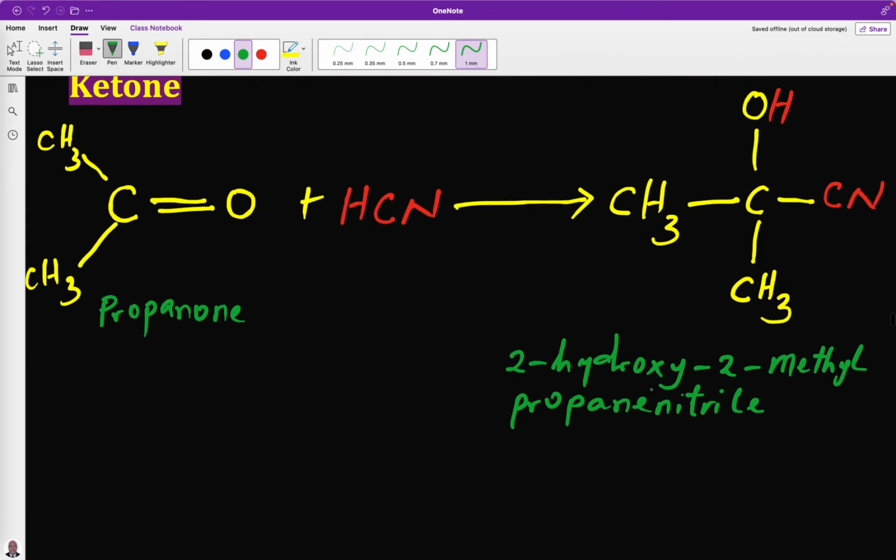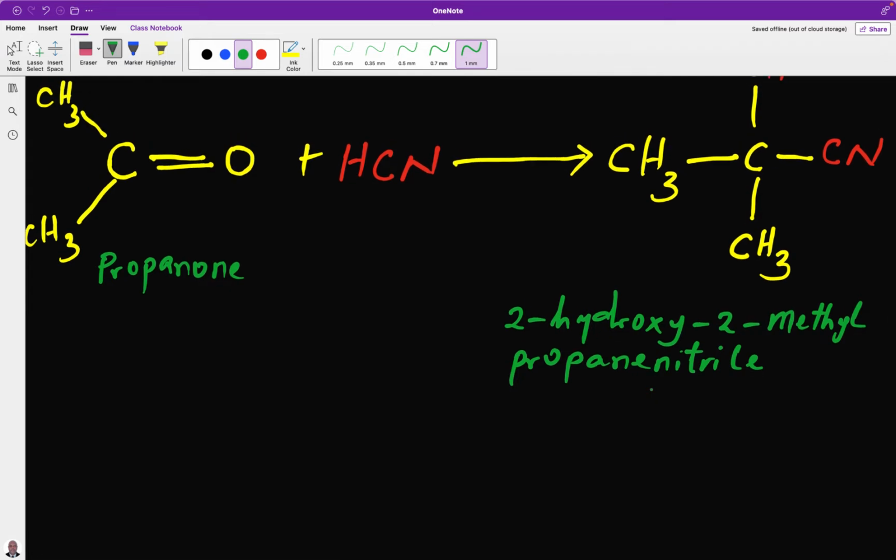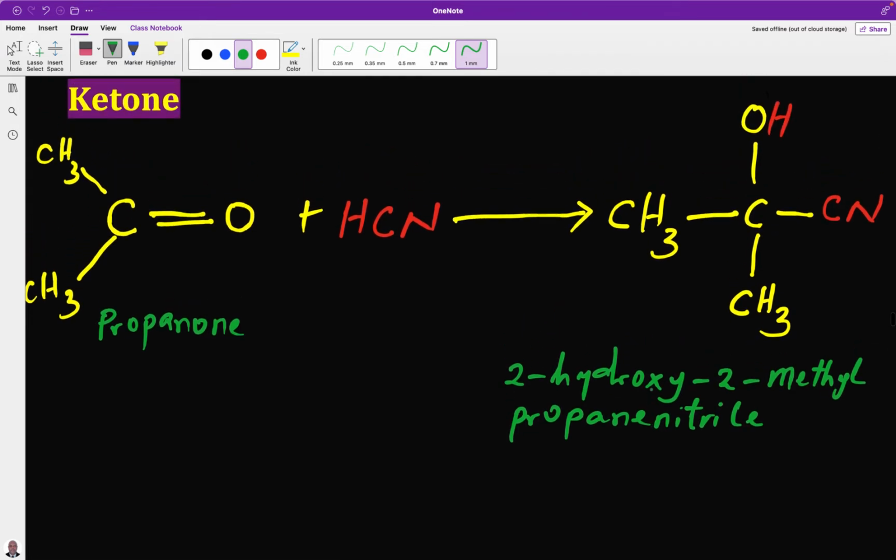But it should be recalled that if a nitrile like this one is heated under reflux with a dilute acid such as dilute hydrochloric acid, a corresponding carboxylic acid is formed.